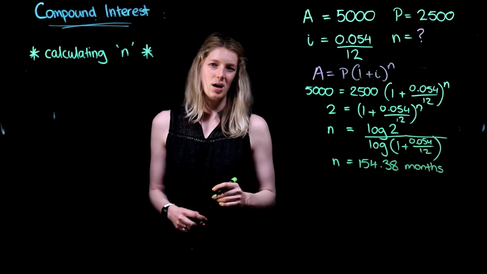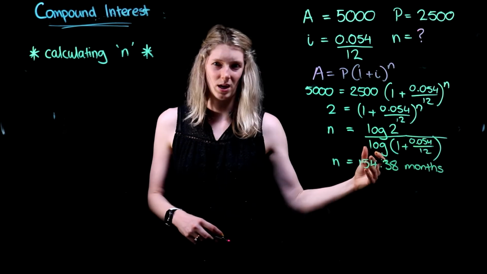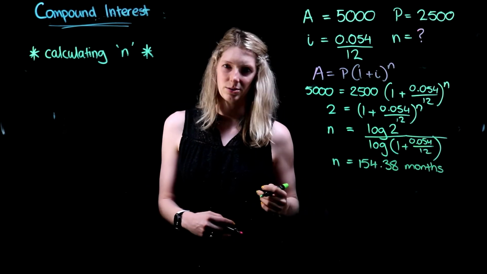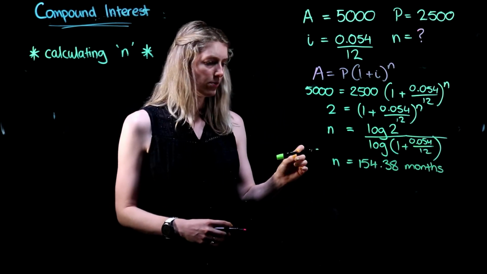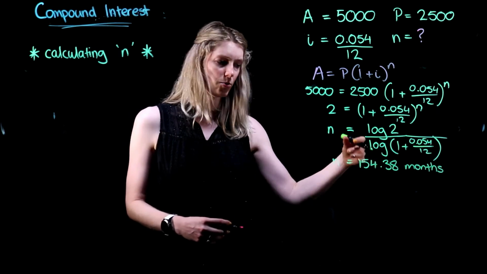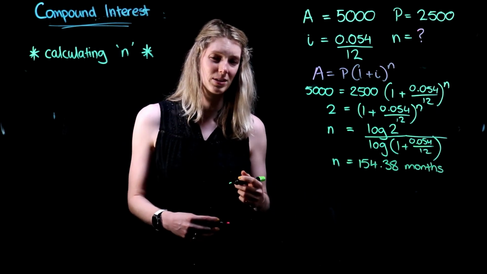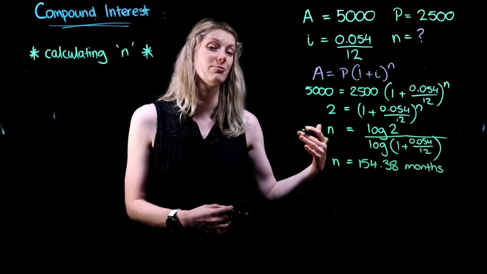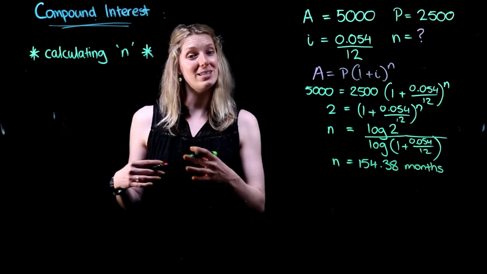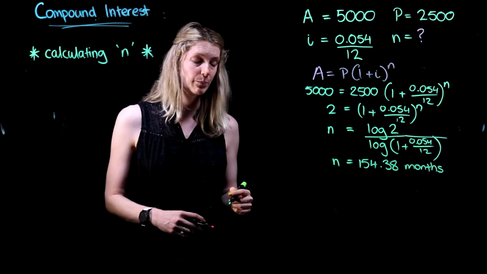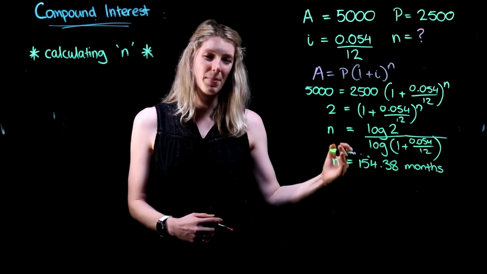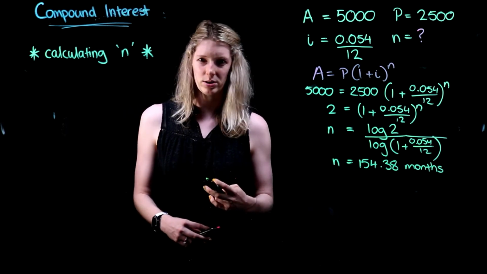Now, when we're looking at time questions like this, we usually like to answer to the nearest whole time interval. But we need to figure out whether we are rounding this value up to 155 months or down to 154 months. We need to think about the months in relation to this particular context.